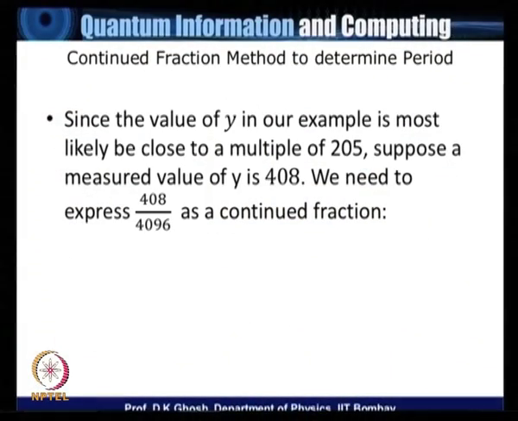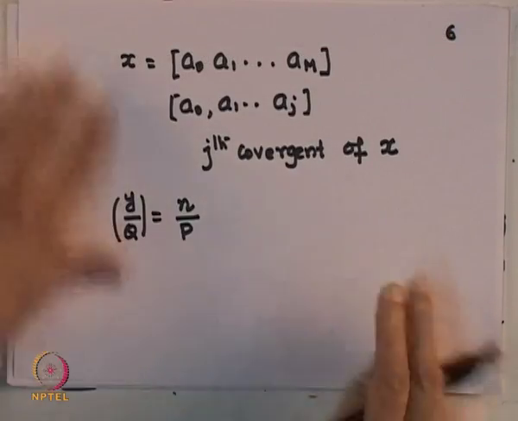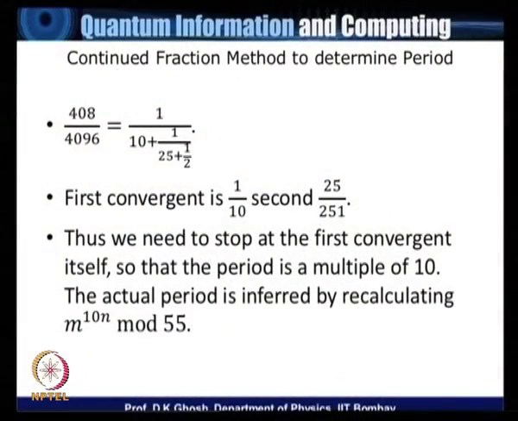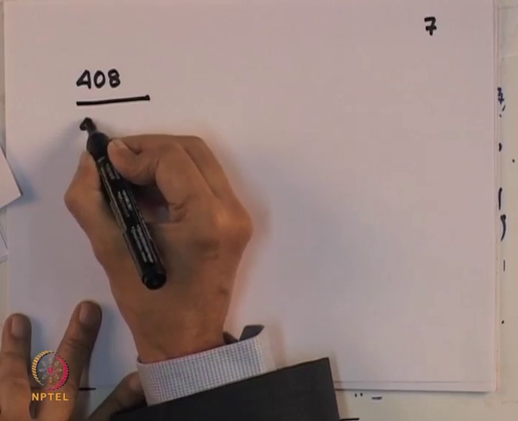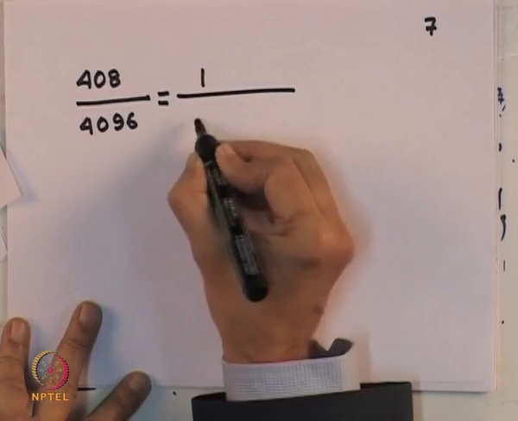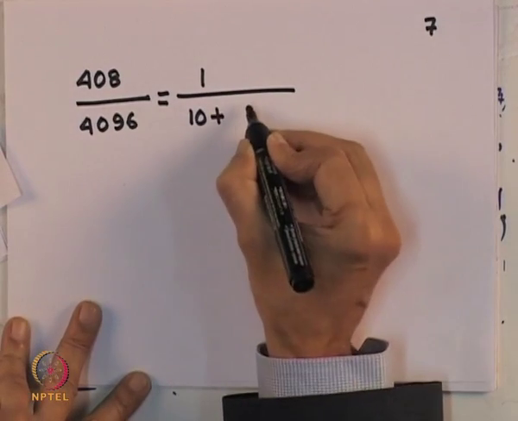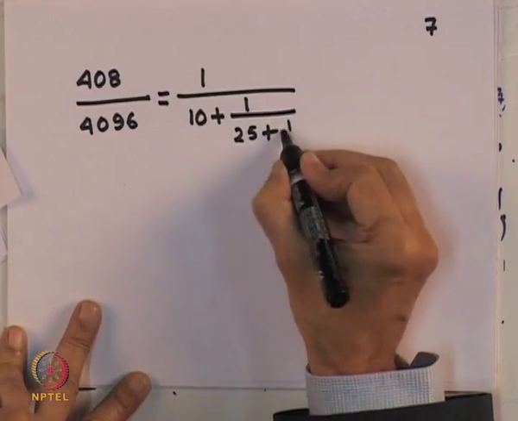So let me illustrate how it works. Suppose my result gave me 408. This is one of the possibilities, because 205 into 2 is 410, and supposing I got 408. So I have 408 divided by 4096. I will not repeat this calculation, but you can immediately check that this can be expressed as 1 by 10 plus 25 plus 1 by 2.